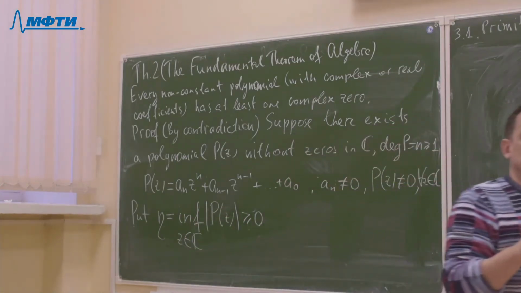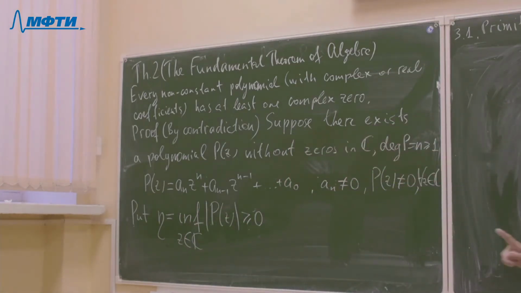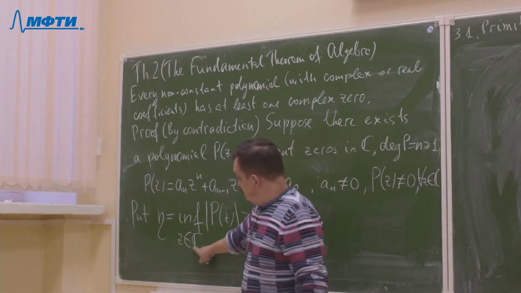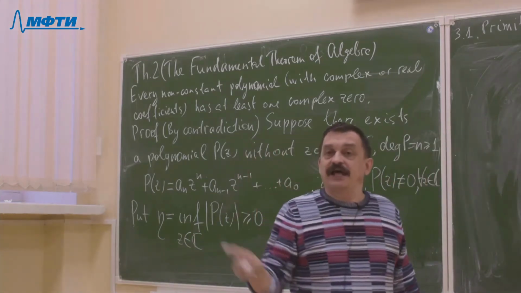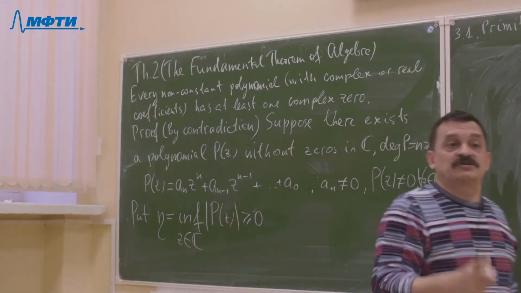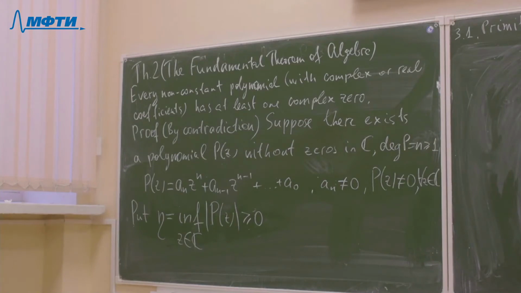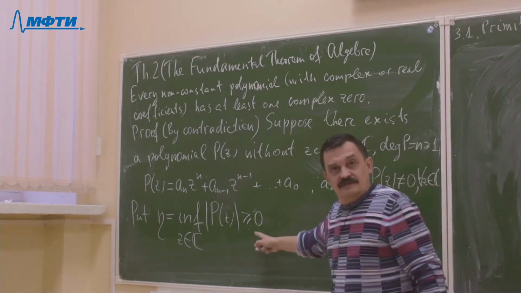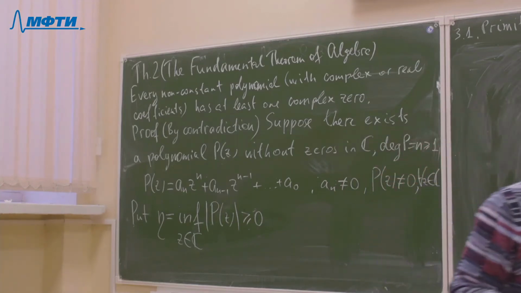So when we vary z in the complex plane, all those numbers are real positive numbers. And of course, an arbitrary non-empty set of real positive numbers has an infimum. But it might be 0. That's important, of course, right? We cannot exclude it from the beginning.